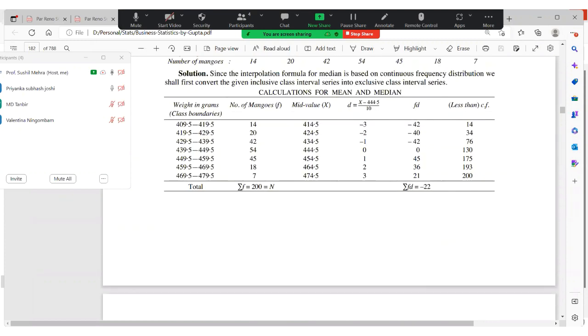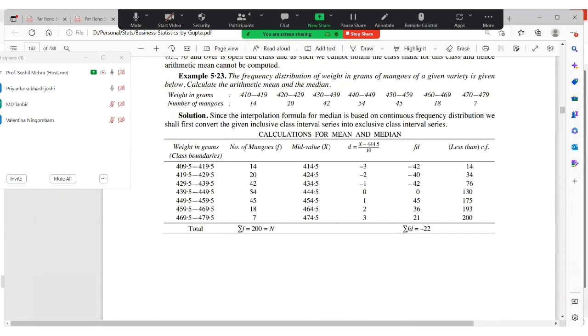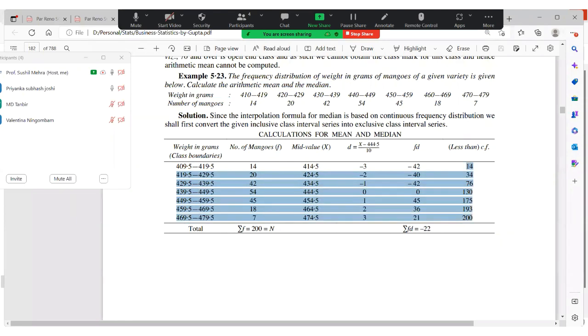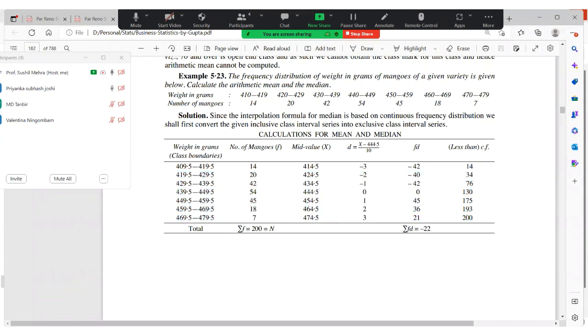Leave the mean part, because in this example we have to find the arithmetic mean and median. Let me do the example for the median. Find the CF: first frequency 14, then 14 plus 20 is 34, then 34 plus 42 is 76, and so on. Now n comes to be 200.